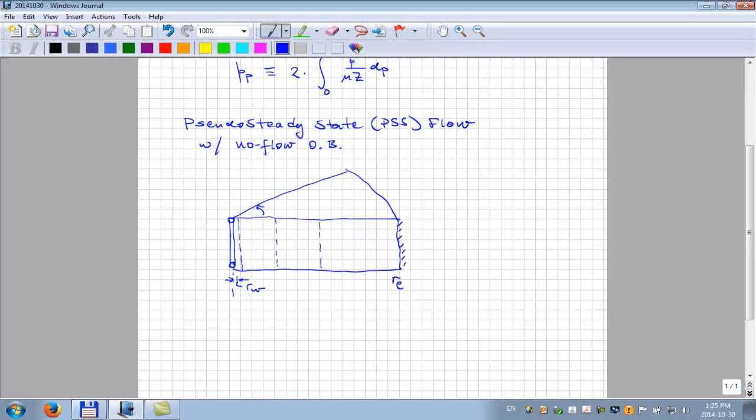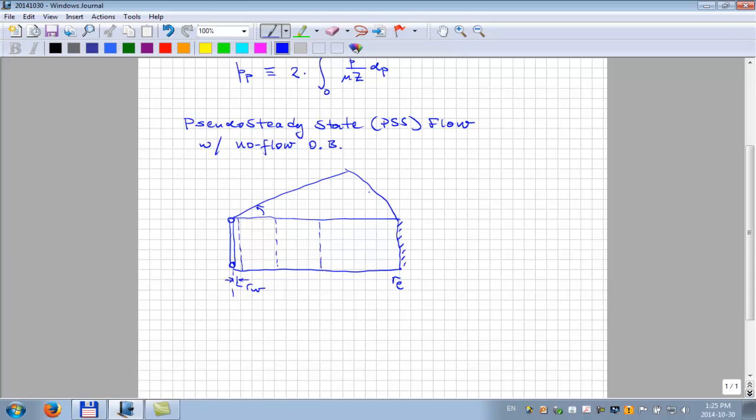Okay, the mass flux is constant. And that's everywhere except at the boundary, because at the boundaries there's no mass flux coming in. Otherwise, in the rest of the reservoir, you've got the mass fluxes. So it's a steady state in that sense.